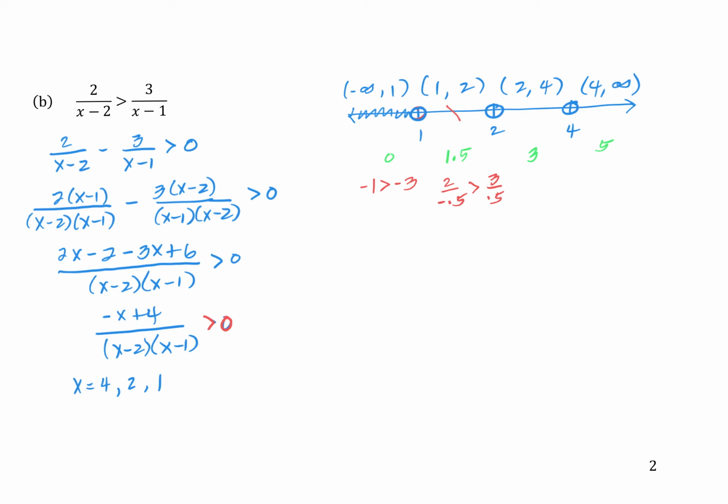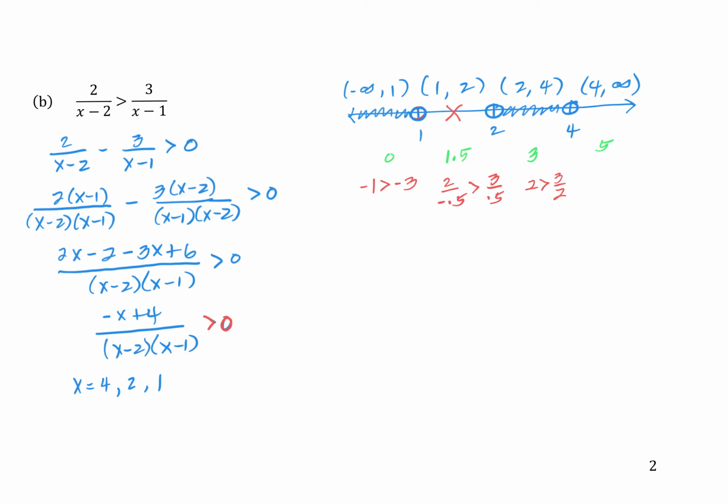Can't use anything from 1 to 2. 2 to 4, I chose 3 as a test point. If I put in 3, I'll have 2 over 1. So that would give me 2. Is that greater than 3 over 2? Yes, because 3 over 2 is 1.5. I can use anything between 2 and 4.